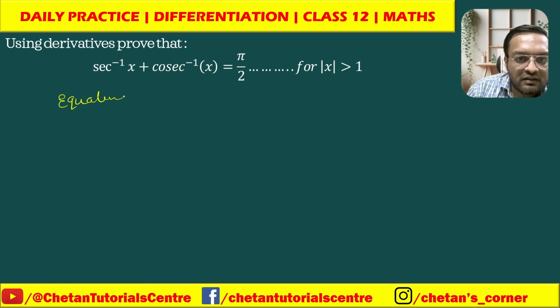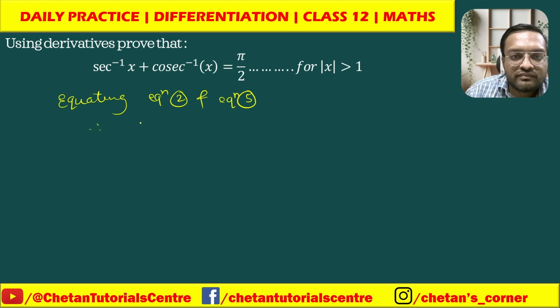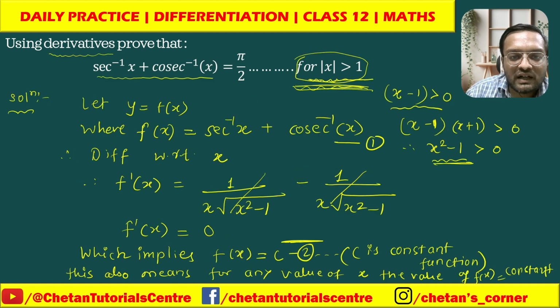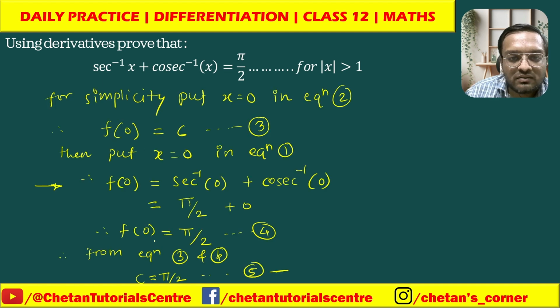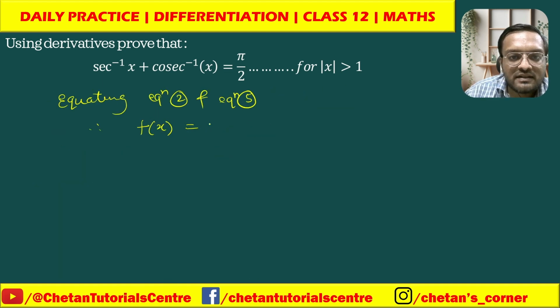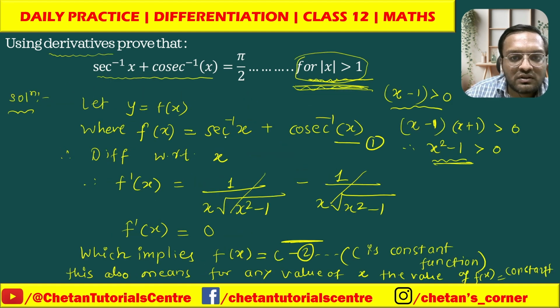Equating equation number 2 and equation number 5, then what I will get? I will get the value of f of x is equal to c, and c is equal to pi by 2. So f of x is equal to pi by 2. But f of x is equal to sec inverse of x plus cosec inverse of x from equation number 1.